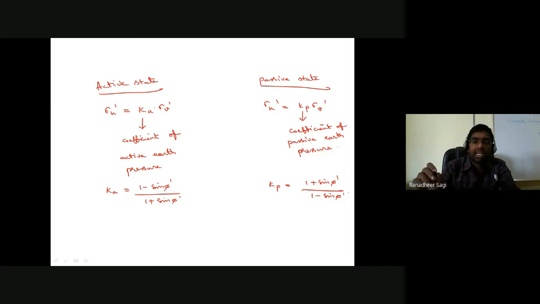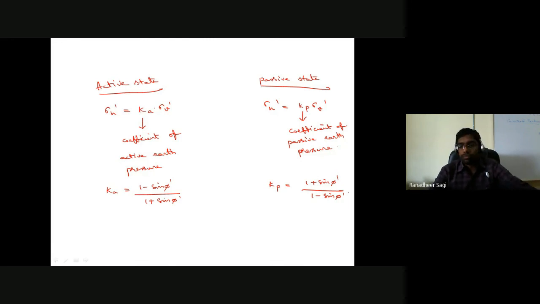So we'll be looking at that Mohr circle, and from it we go on to derive the Ka and Kp expressions. That's the coefficient of earth pressure for active state and for passive state.